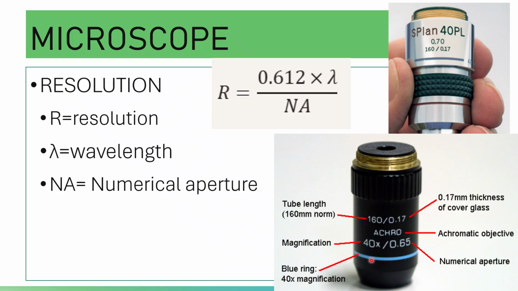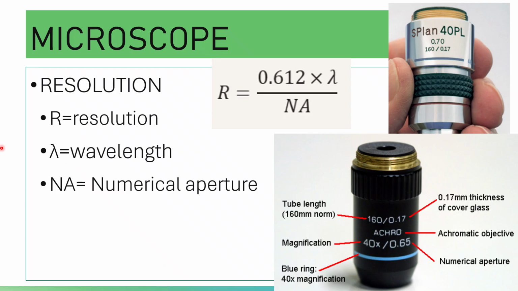The magnification is 40 times. The blue band, or the blue ring, means it's HPO, 40 times. And the 0.65 here is the numerical aperture for your high power objective lenses. So that is for your resolution.